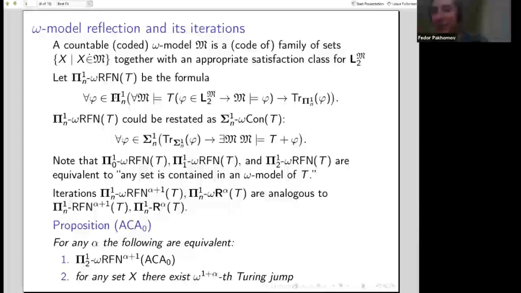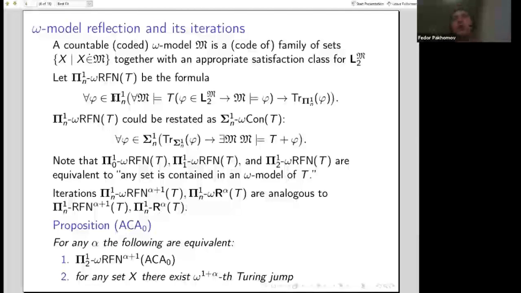But I'm using this notation because it aligns with the way reflection principles are denoted in the study of reflection principles in first-order arithmetic, and further in second-order arithmetic, so there's some misalignment here. The scheme of Π1n omega model reflection says that if a Π1n sentence holds in all omega models of theory T, then it's true.